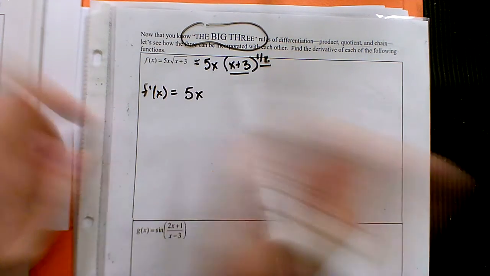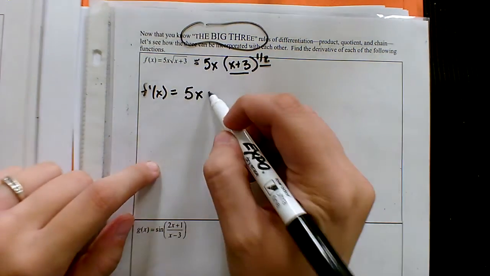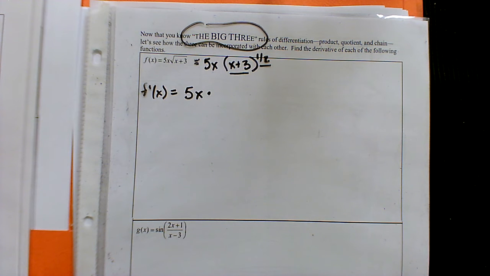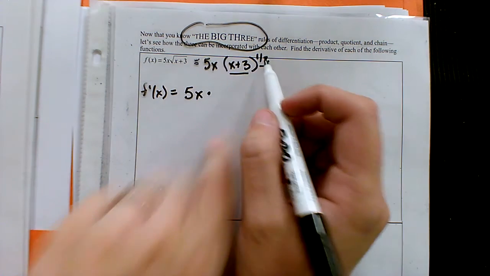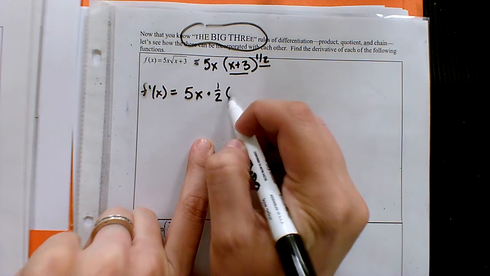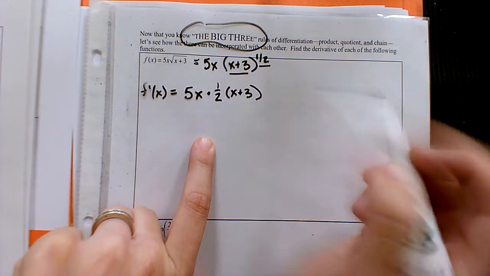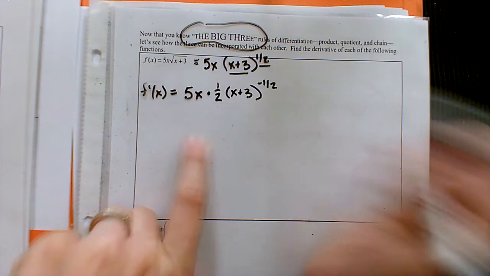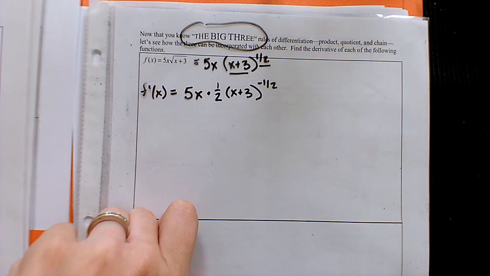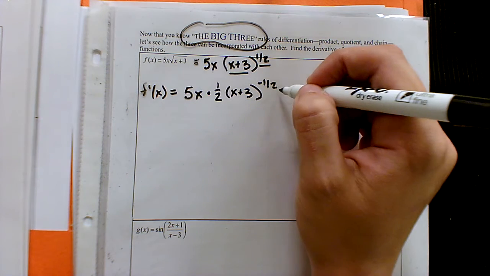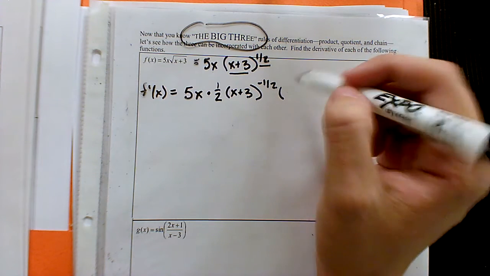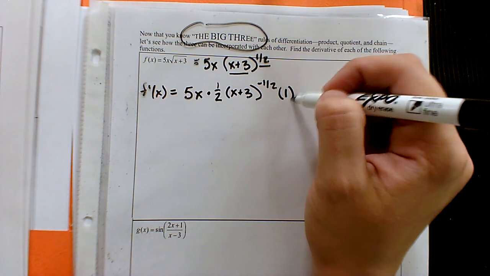All right, so let's start with product rule. We need 1, which would be 5x, times d2. So we said we're going to have to go through the chain rule. We'll bring the 1/2 down, keep the inside. New power would be -1/2. And finish off the chain rule by multiplying by the derivative of the inside, which would be 1.